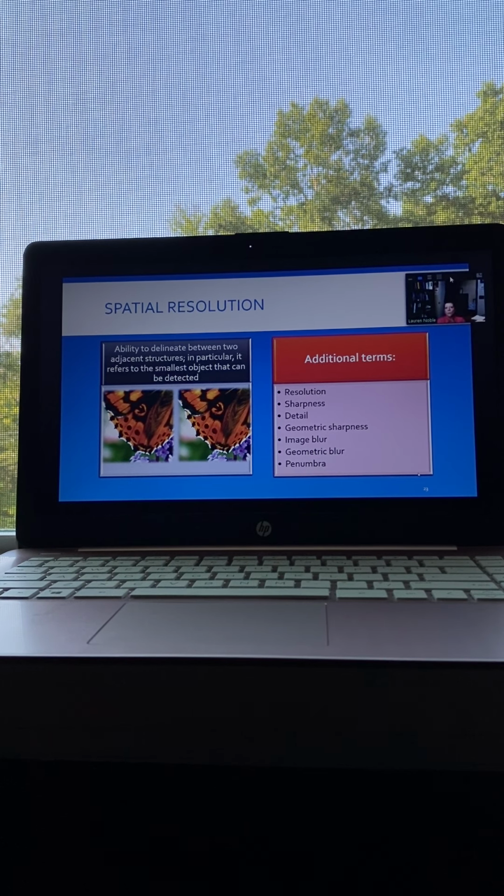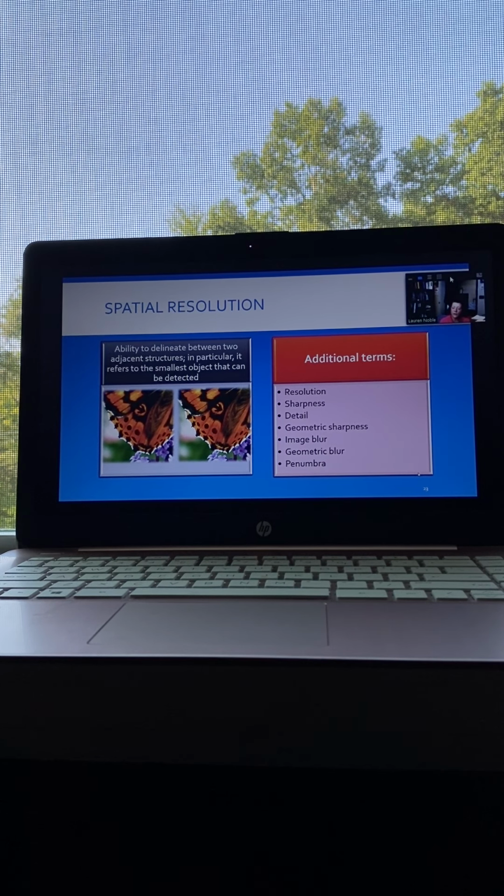Because remember, and we had talked about this with interactions in matter, just generally speaking, as KVP goes up, we get more transmission. But if we compare interactions, as KVP goes up, which attenuation interaction is most likely to occur? Photoelectric or Compton? Compton.